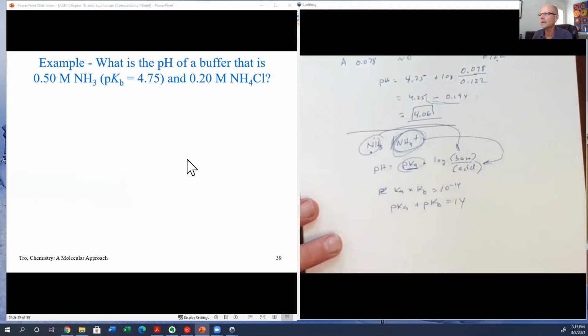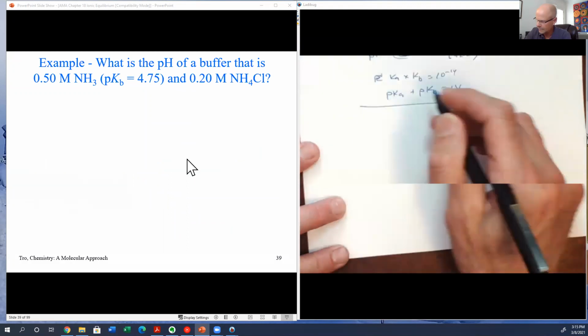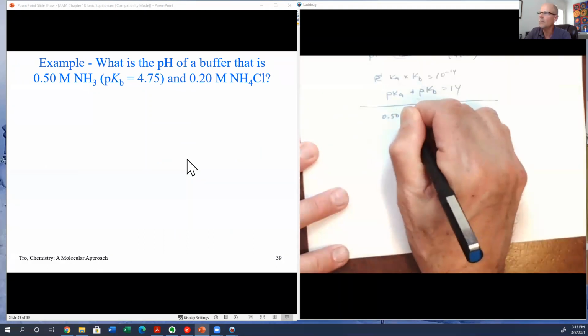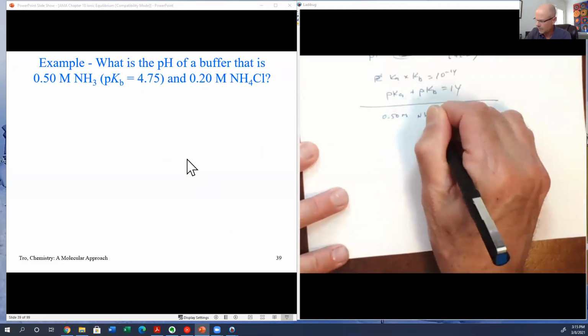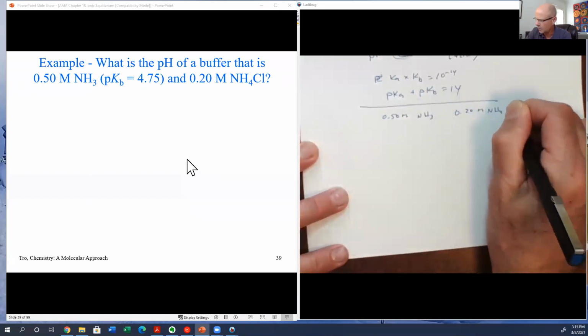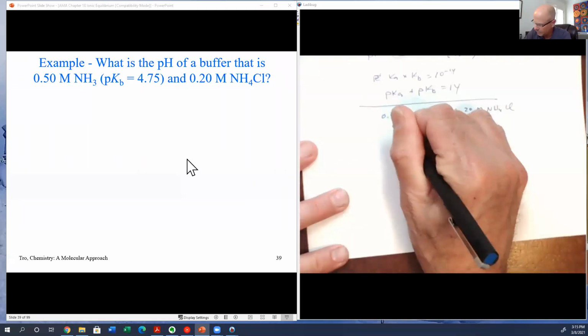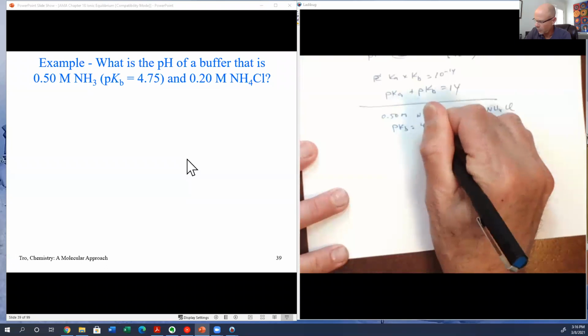Okay, so let's do a quick example here. What's the pH of a buffer that's 0.50 molar ammonia and 0.20 molar ammonium chloride? They're giving us pKb equal to 4.75.